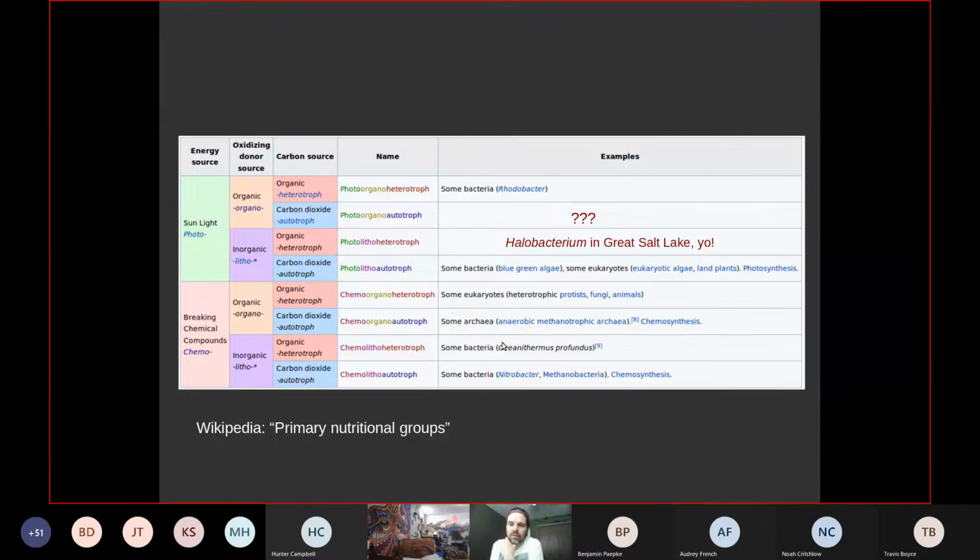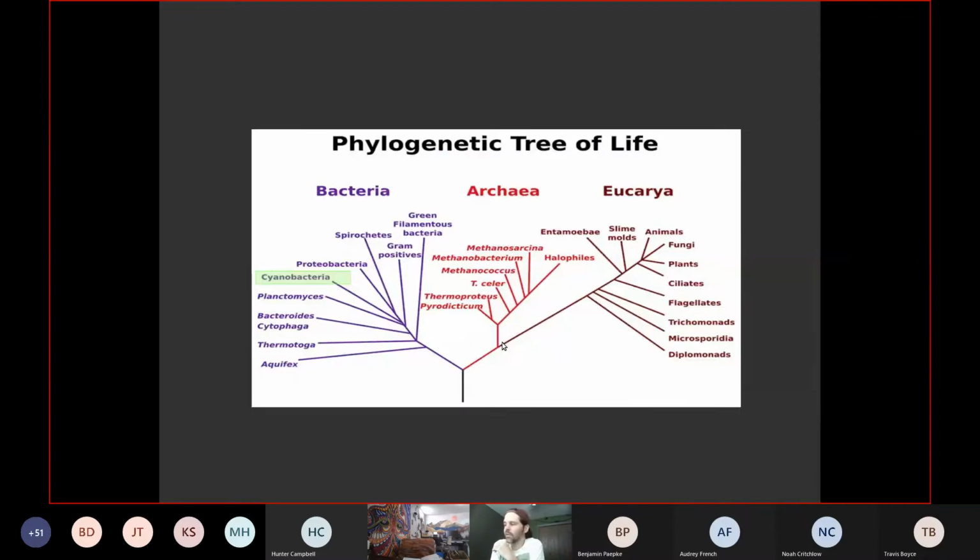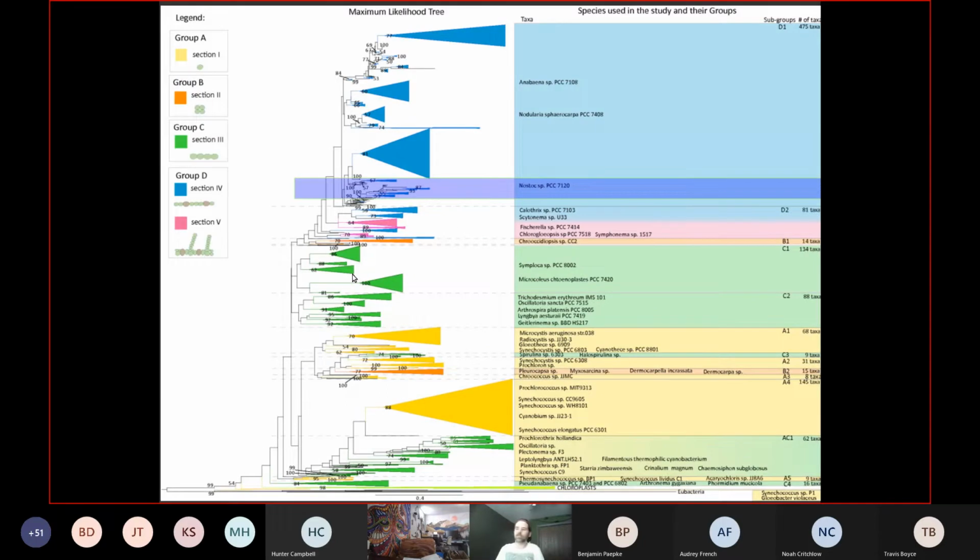Okay. But for all the rest of these, we do have examples. Let's take a look at our tree of life, and we're going to zoom in on cyanobacteria. Okay, right there. This is one of those major groups of bacteria. Here's a zoomed in view of that branch. This is a tree of cyanobacteria showing a bunch of different species or genus complexes.